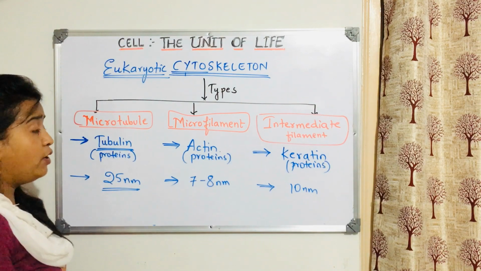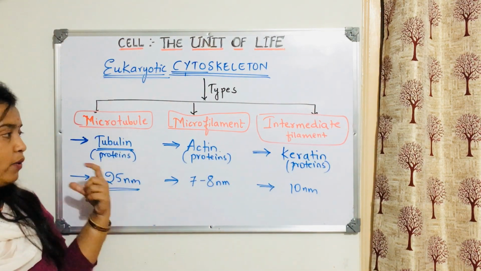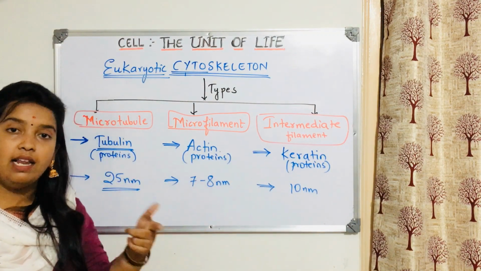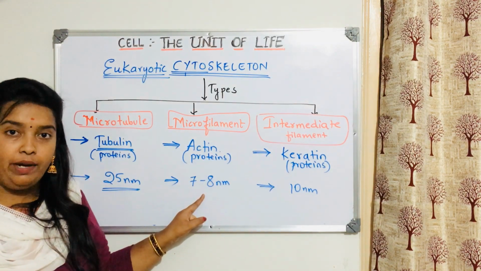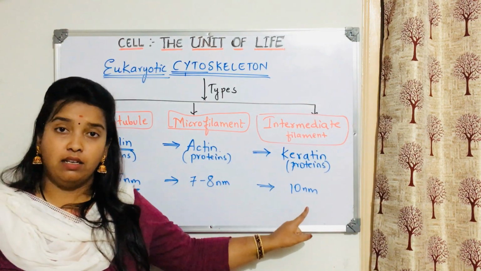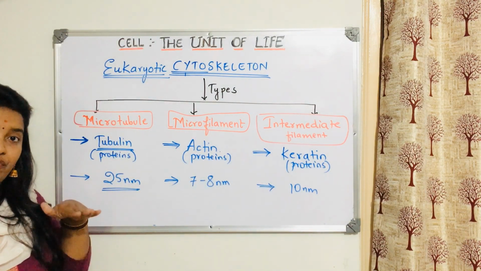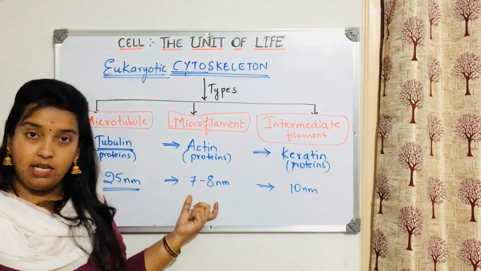So how will you remember? You need to remember these two things only. Mostly, questions will be coming from these two. What is the protein they are made up of and what is their size, width. Here it is 7 to 8 nanometer. It is 10. And the largest one, because it has 25 nanometer width, will be the largest. And this is the smallest.